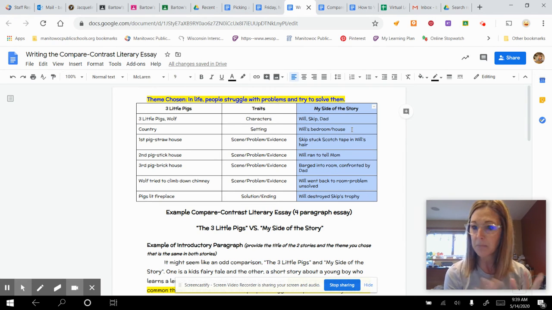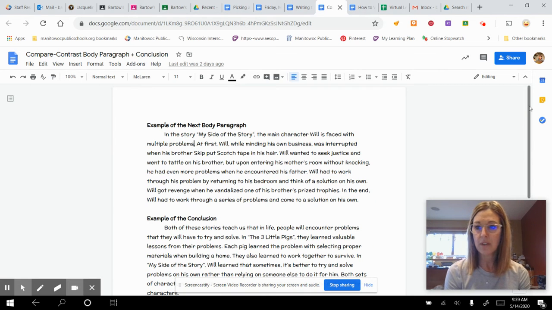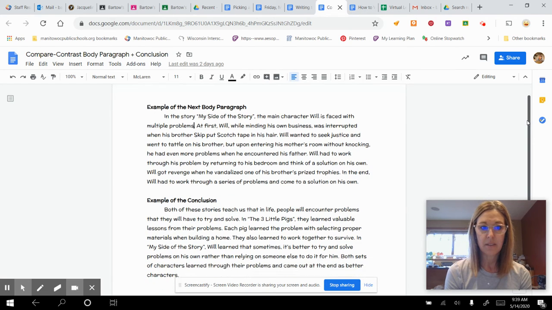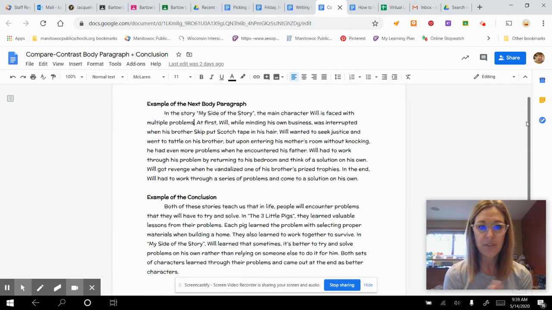Will went back because the problem still wasn't solved, and then ultimately solves his own problem by destroying one of Skip's trophies. So if I show you, and I will share this document with you.